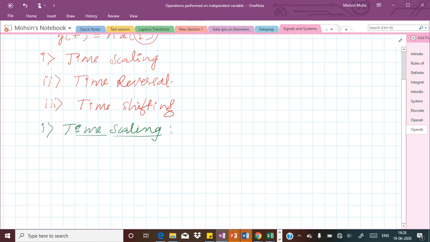Suppose you have shot a video and that video now needs to be played in slow motion. So what exactly are you doing? You have the signal, that is the video signal. Now to make it over a longer period of time, suppose a 5-second video you want to see in slow motion, it may become 10 seconds. Therefore you have to expand the signal, so you have to perform an operation on the time variable of that particular signal.